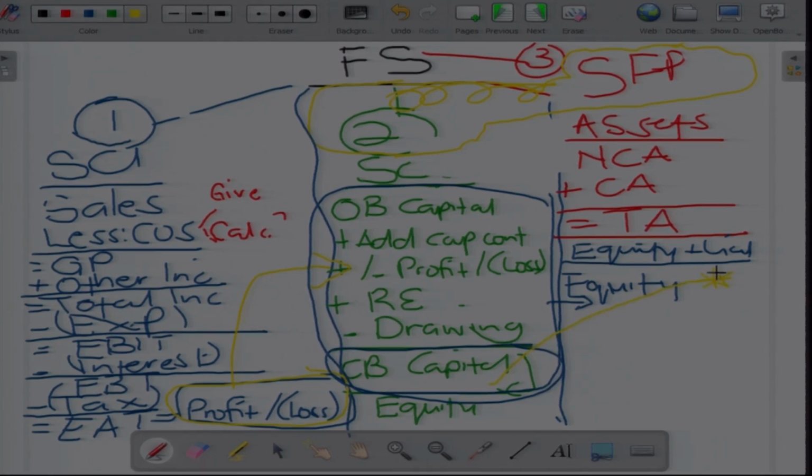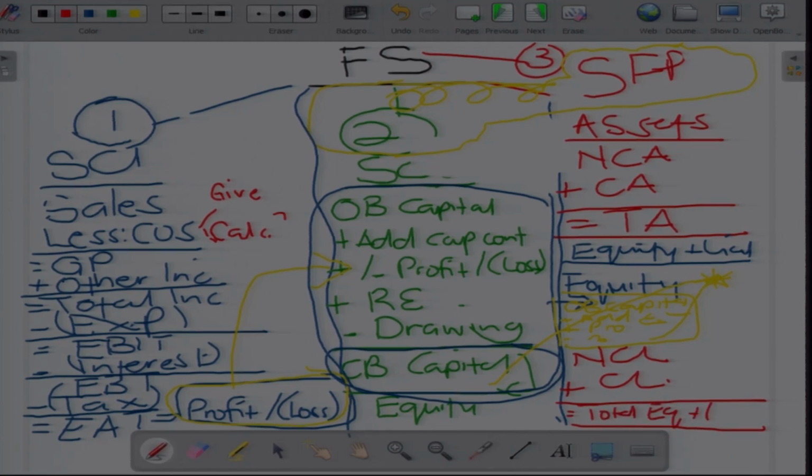So here you will write opening balance capital plus additional capital contributions plus profit minus drawings, and the answer you get here will then be this answer. And then you will say non-current liabilities plus current liabilities will give you total equity and liabilities.